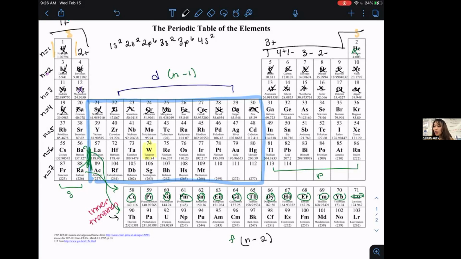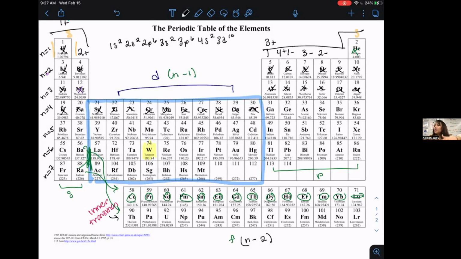And you're like, nuh-uh. Whoa, whoa, whoa. That is in the 4th row. Yes, but no. So every d orbital row, every d zone is 1 energy level lower than you think it is. It's like when you drive on a street and the street seems off and you're like, why didn't they just make a straight street? But they somehow had to shift it down for whatever reason in the planning of the city.